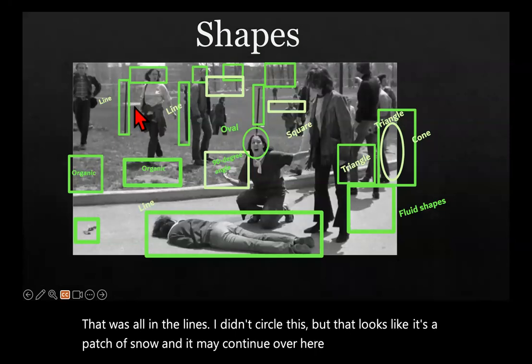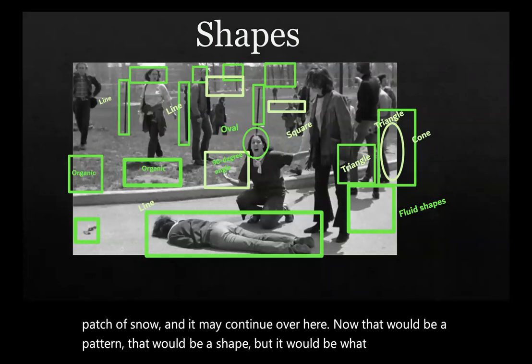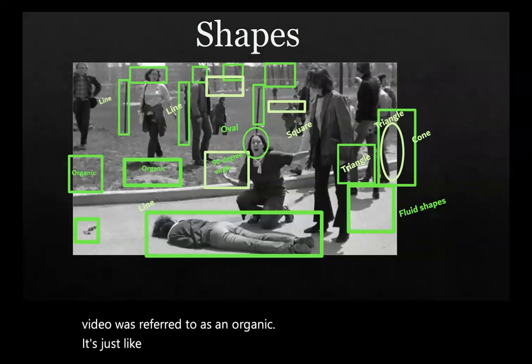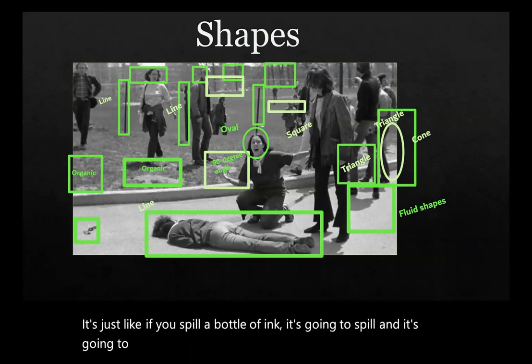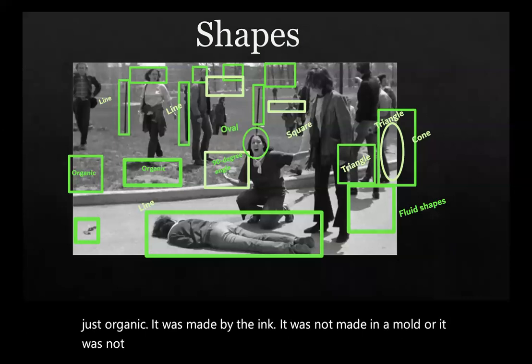Now, that would be a pattern, that would be a shape, but it would be what in the video was referred to as an organic shape. It's just like if you spill a bottle of ink, it's going to spill and go every which way, but it's still going to form a shape. It's just organic. It was made by the ink. It was not made in a mold or created by anybody, just a bottle of ink.